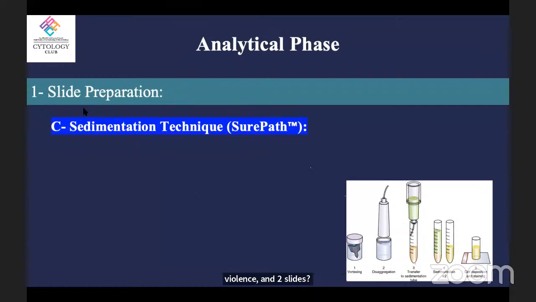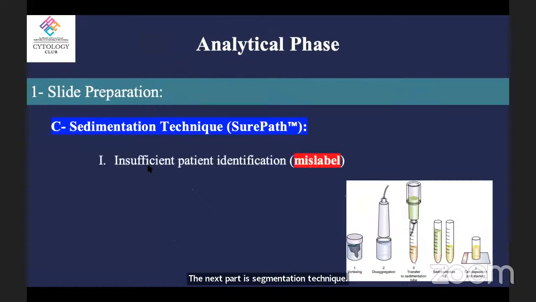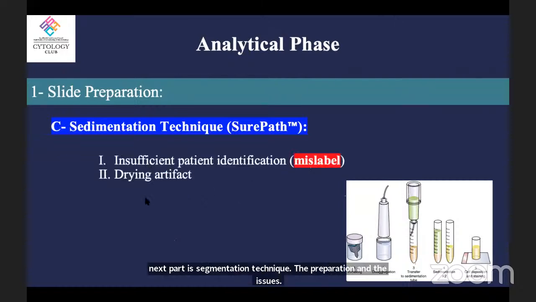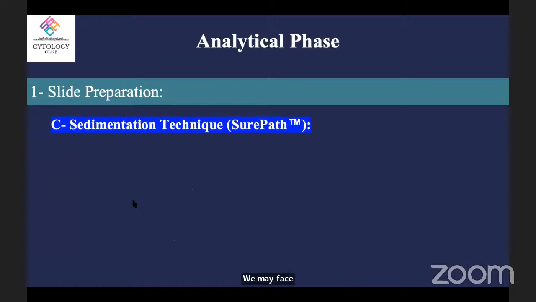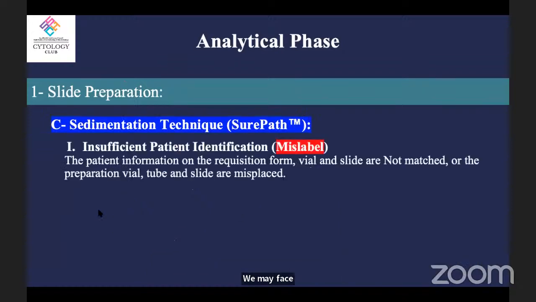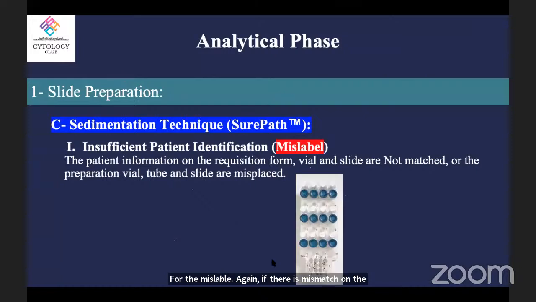The next part is the sedimentation technique in the preparation, and the issues we may face again are mislabel and drying artifact. For the mislabel, again, if there is a mismatch in the patient identification or a misplacement. As you see here, this is the rack which contains the samples and the tubes.